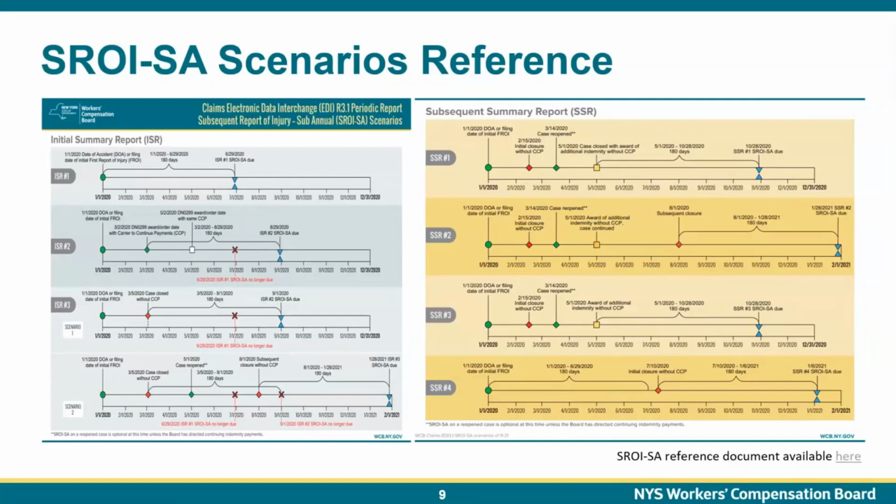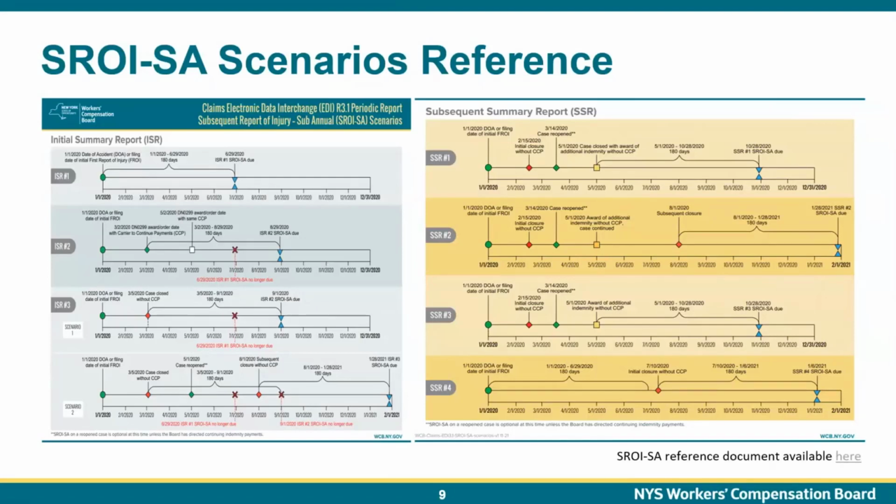For the subsequent summary reports, so these are going to be when a case reopens later on, possibly an additional continuing payments direction, or just there's additional Troy SAs due to the continuing payments. So in that first one, very similar to one of the initial scenarios, the case closed with an award and without any CCP.